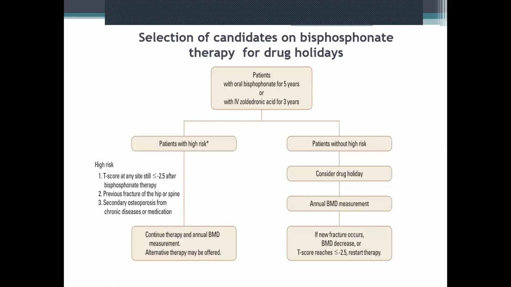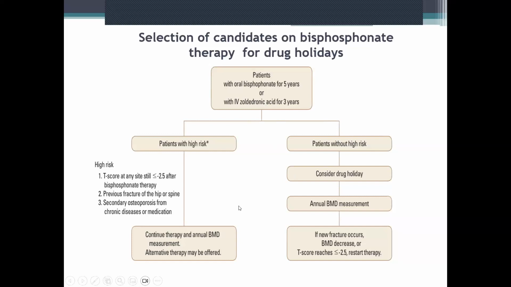bisphosphonate therapy. Again, up to 10 years, so you monitor them and look for improvement in the bone mineral density. And that's the same if they've been on IV zoledronic acid for up to 3 years, then you might want to consider a drug holiday. Zoledronic acid, most times, I would consider giving it for up to 5 years, especially if they're very high risk or they have a history of multiple fractures.